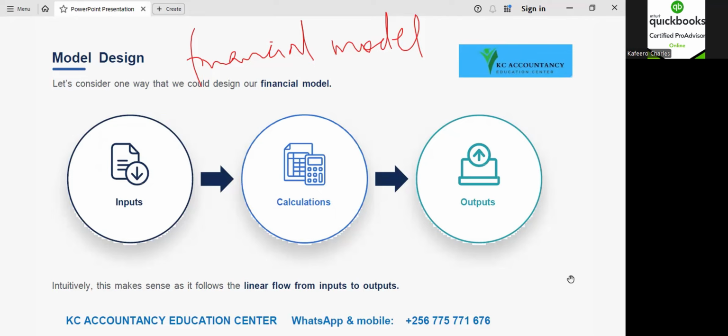So we like to think about the end goal as being, because you may be thinking that the end goal of this activity that we are doing is actually for us to be able to get the financial model itself.